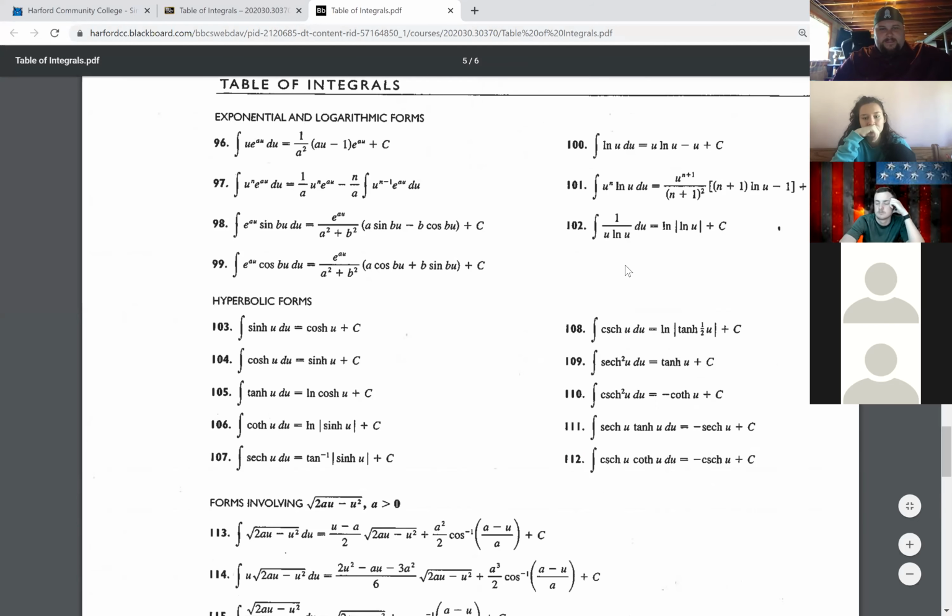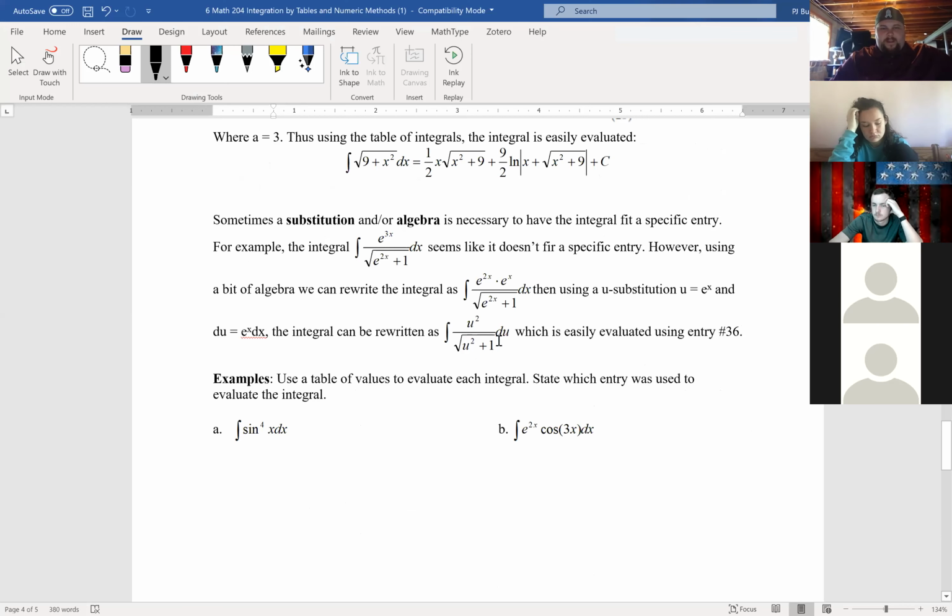And nowhere do I see something that's got e over the square root of stuff, right? So it's not directly in the table. So let's go back now and say, okay, what can I do to this integral to make it look like something in the table?